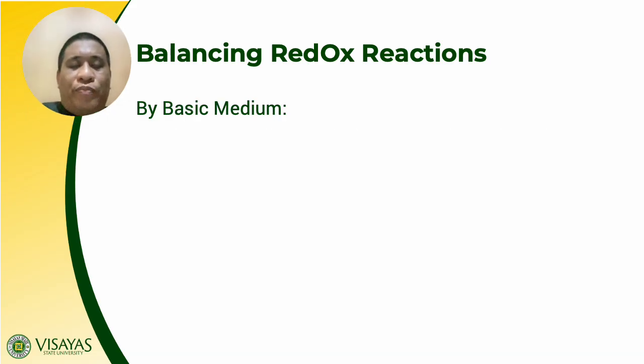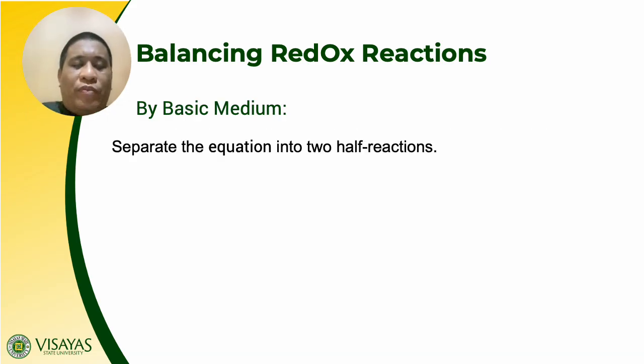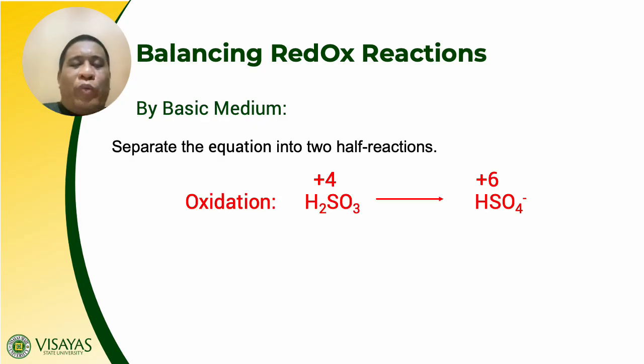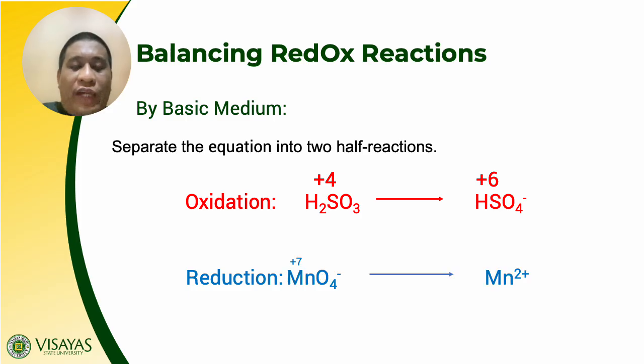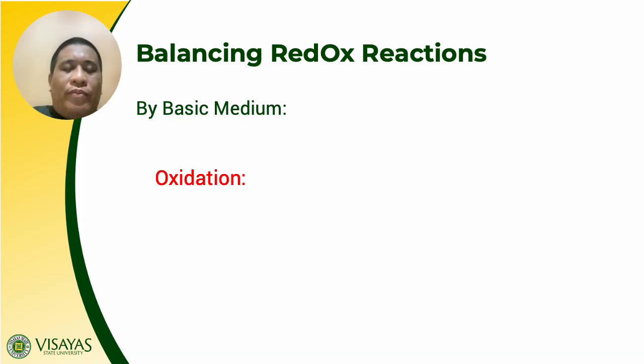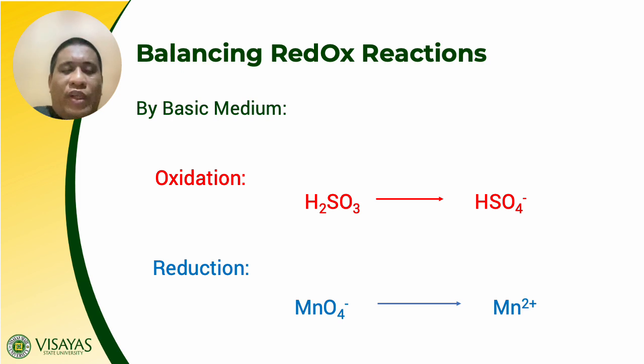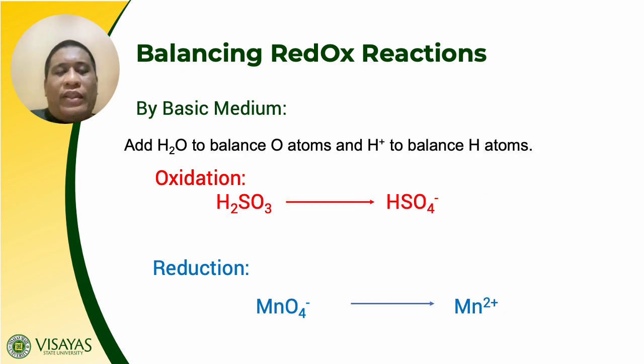Okay, so by basic medium, if we're going through the entire reaction process, remember we have the oxidation half reaction and the reduction half reaction, and then from this we can balance the oxygen and hydrogen atoms and also add electrons later on.